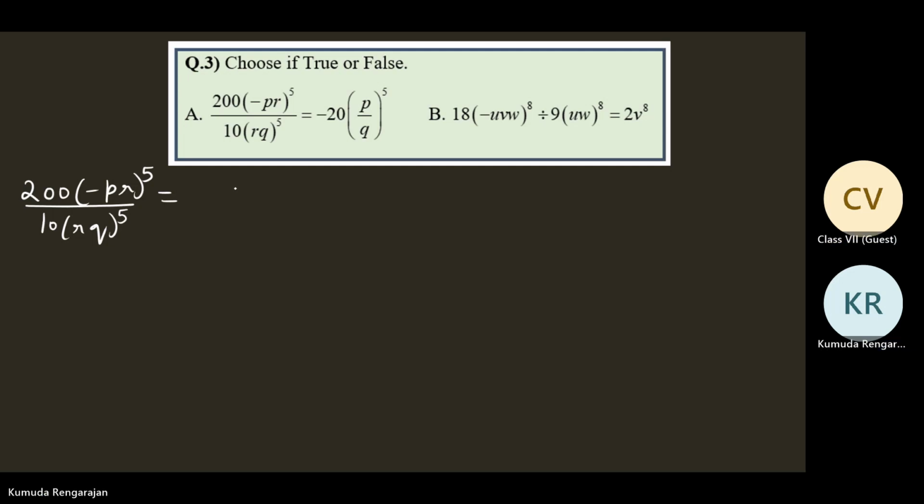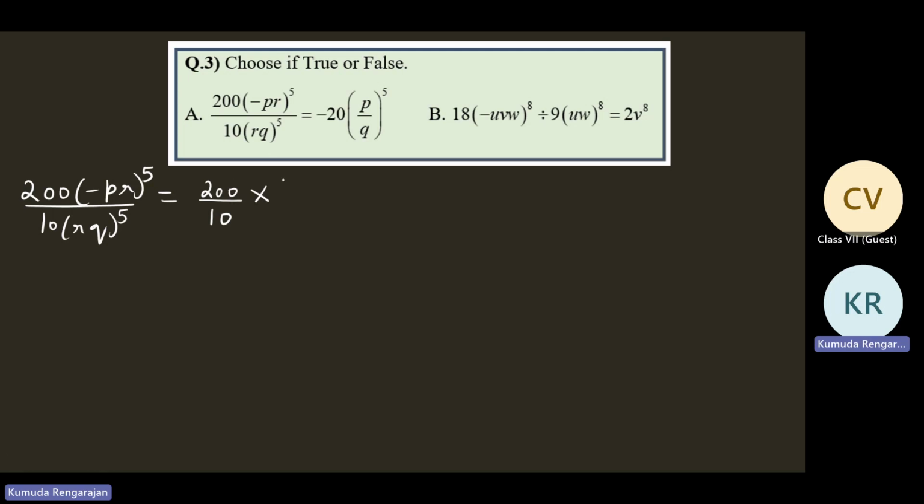So it'll be 200 by 10, into, see here, in the numerator you can see minus p r to the power 5, right? Now you can understand one step advanced. If I had told you this earlier, you would have been confused. Now you will understand this.